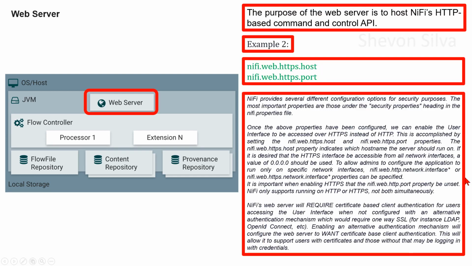As an example, we can consider this. NiFi provides several different configuration options for security purposes. The most important properties are those under the security properties heading in the nifi.properties file. Once the above properties have been configured, we can enable the user interface to be accessed over HTTPS instead of HTTP.